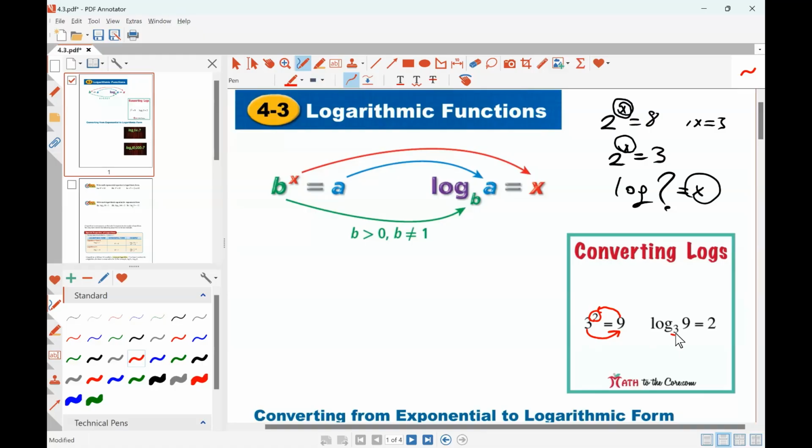This is the same base that I used here, of 9 equals the exponent. So exponent is always written on one side of equation. The others are on the other side. The base is with subscript log, and the other number that the power equals to is written right beside log. Log base 3 of 9 equals 2.